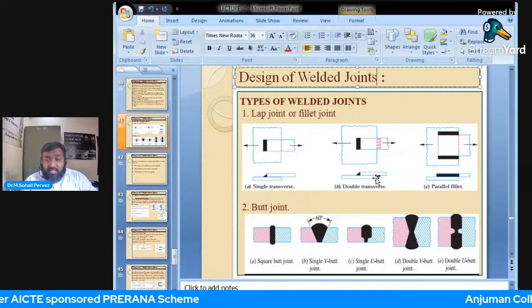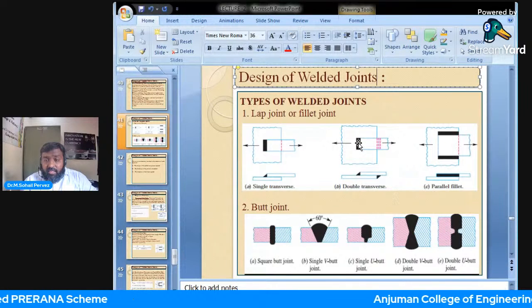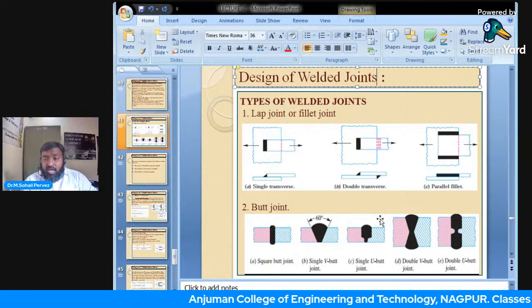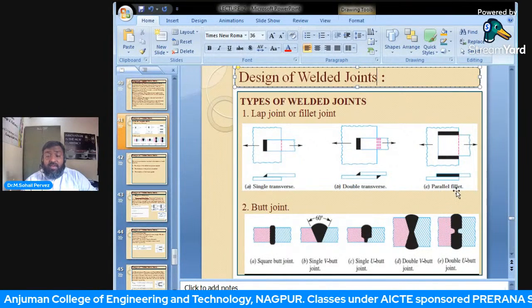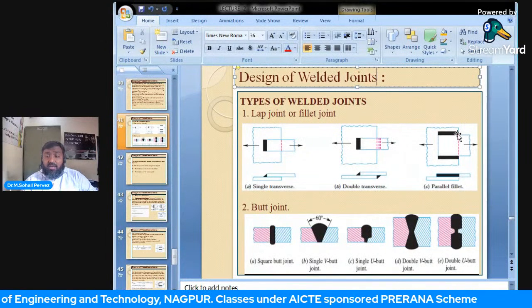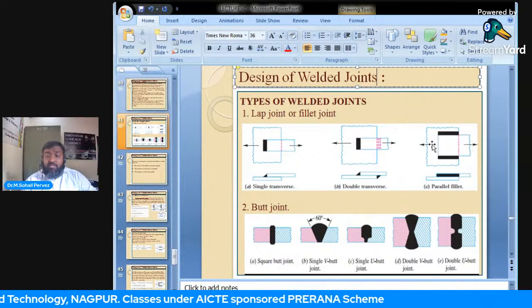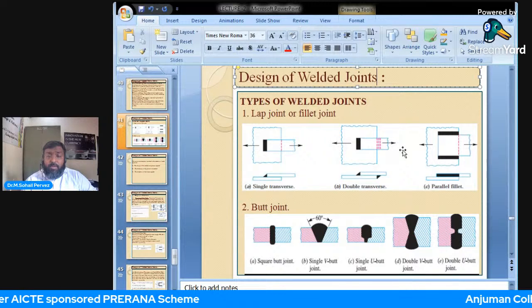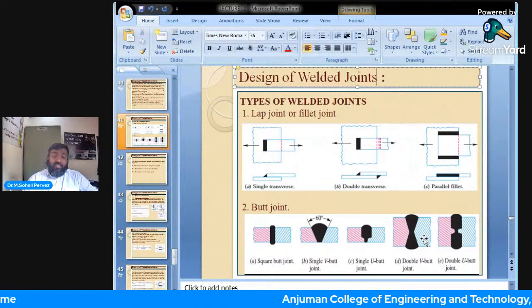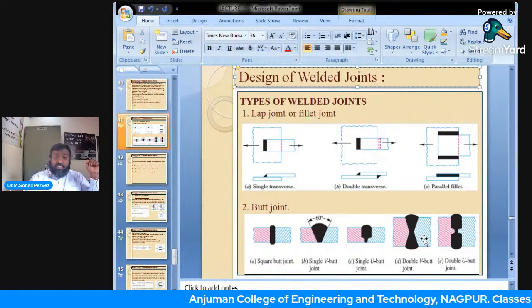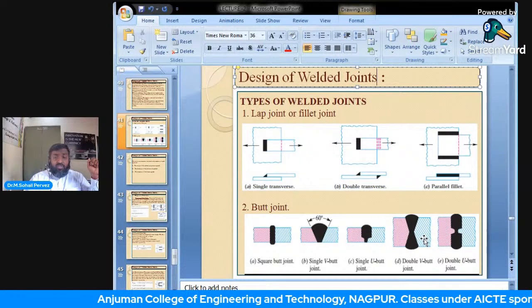Just look at this diagram wherein the upper side and the lower side are both welded. Third one is a parallel fillet, where the welds are made parallel to the direction of application of force, whereas in transverse, it is perpendicular to the direction of application of force. So this is the basic type one, that is a lap joint or fillet.